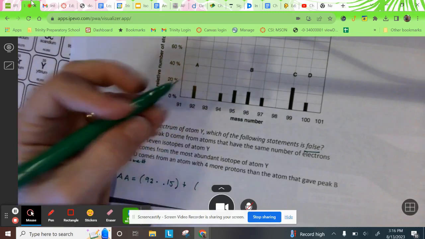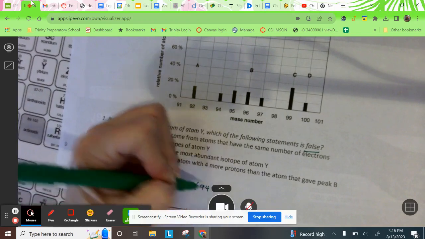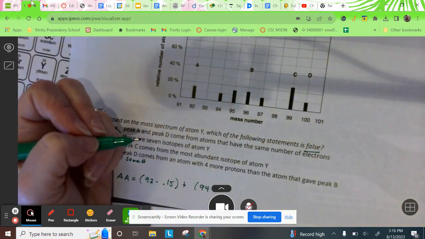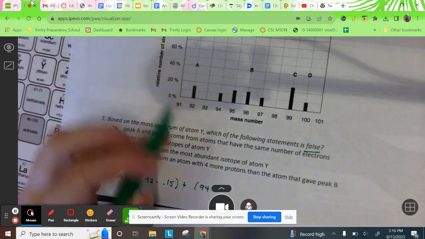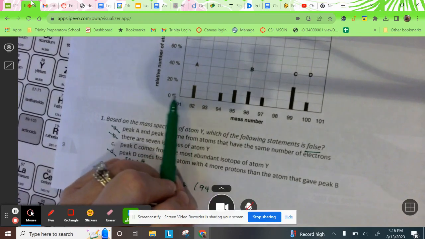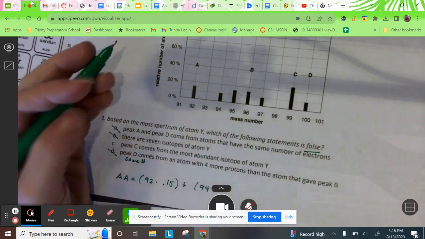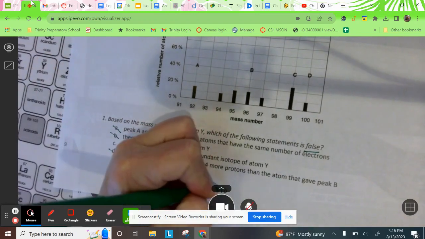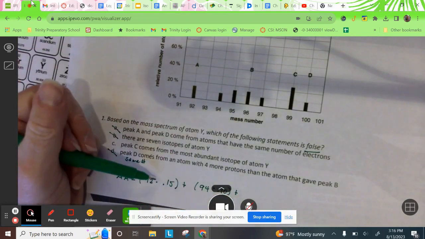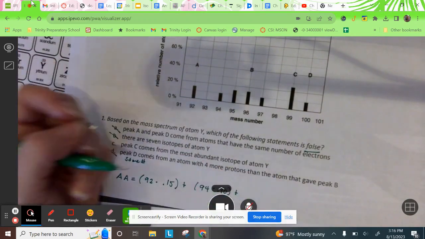Plus the next one, we're going to have 94. And if you want, you can pause this and see if you can do it yourself and get the right answer. Because again, it's interesting to see what you read as far as here. Obviously, this one's 10, so we're going to multiply times 0.10 plus, and at the end, you need to make sure you add up that you have 7 of these.